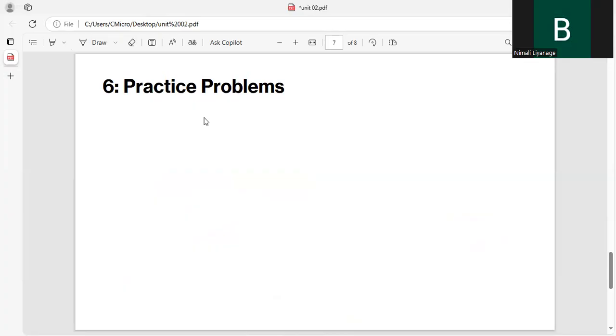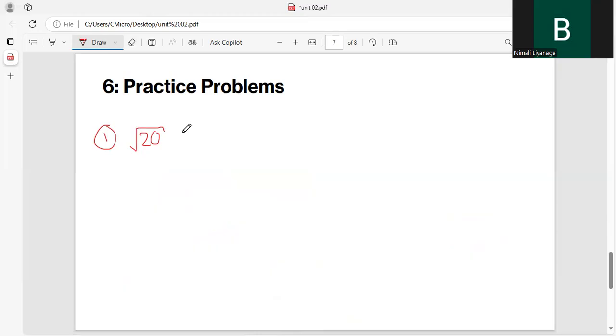Practice problems. Write one by one. First one is find the square root of 20.